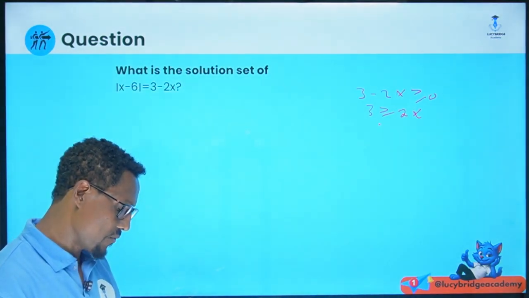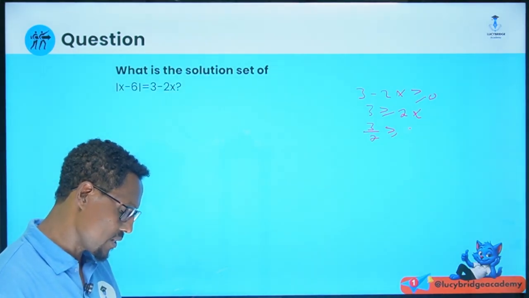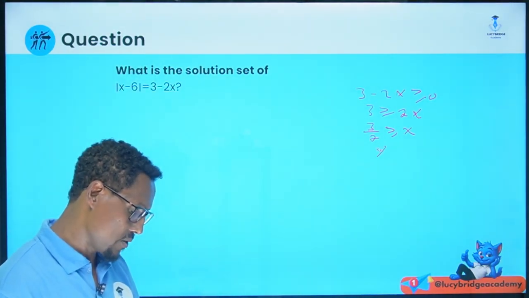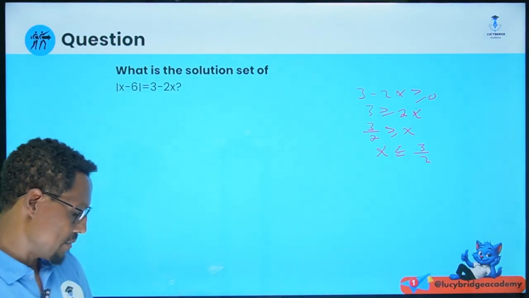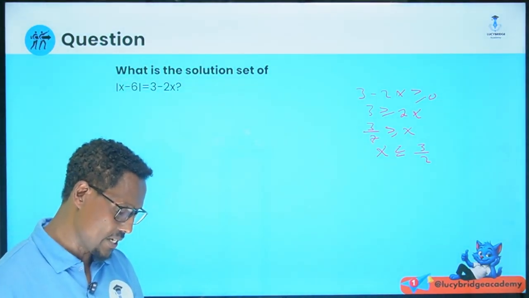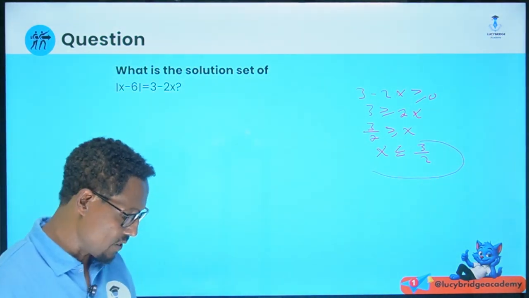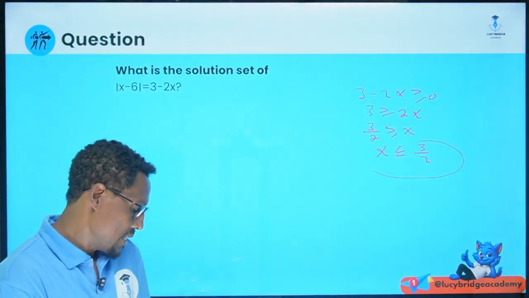Now dividing both sides by 2, 3 over 2 is greater than or equal to x, or x is less than or equal to 3 over 2. The solution we get must be less than 3 over 2. If we find a solution greater than 3 over 2, it cannot be a solution.